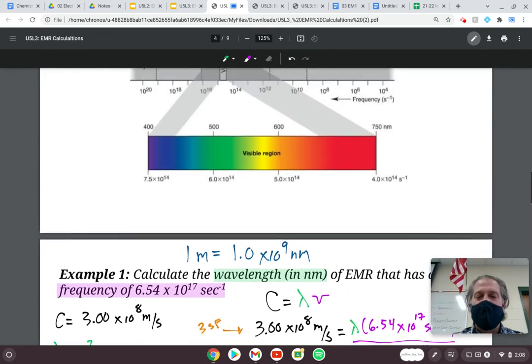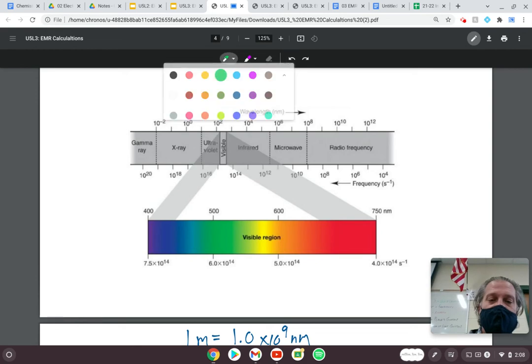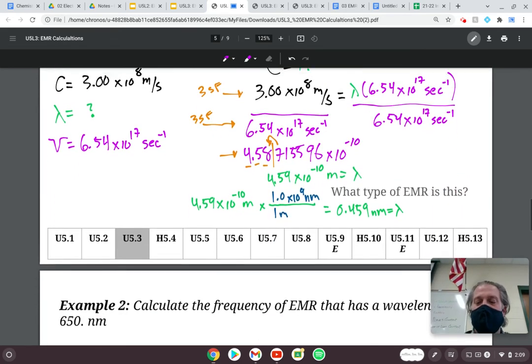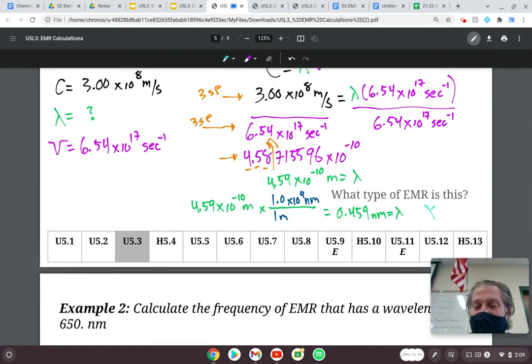So I'm going to go back up here and look for 6.54 times 10 to the 17, which would be right here. That tells me that this type of electromagnetic radiation is an X-ray. Checking out your bones.